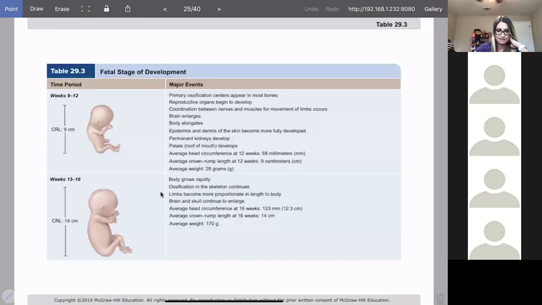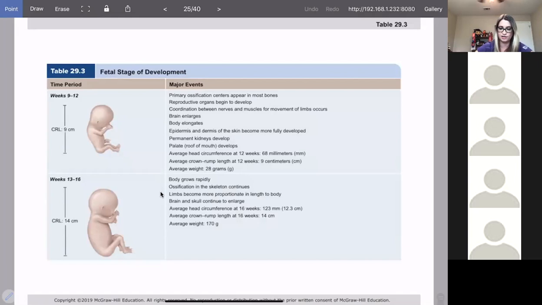And that's about that for the development. When we look at the fetal stage, the fetal stage begins at week 9, and during fetal development, the fetus simply grows, and everything continues to develop and mature as the pregnancy continues.